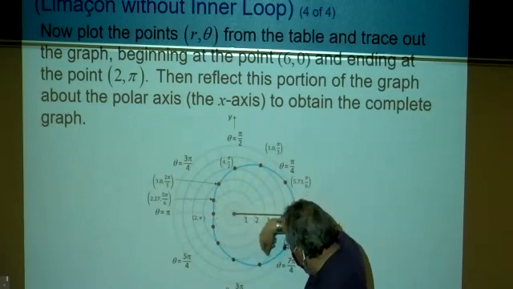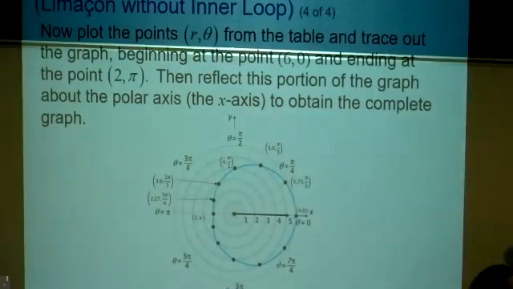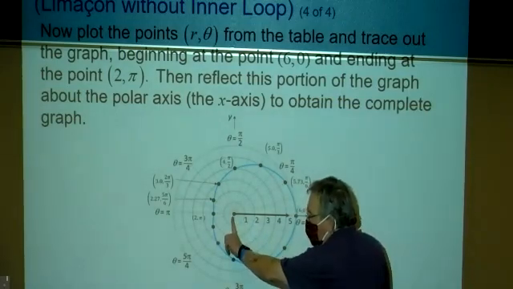So then you can graph the other half without having to do any calculations. And then you connect them. It looks like the cardioid, but it does not go through the pole.